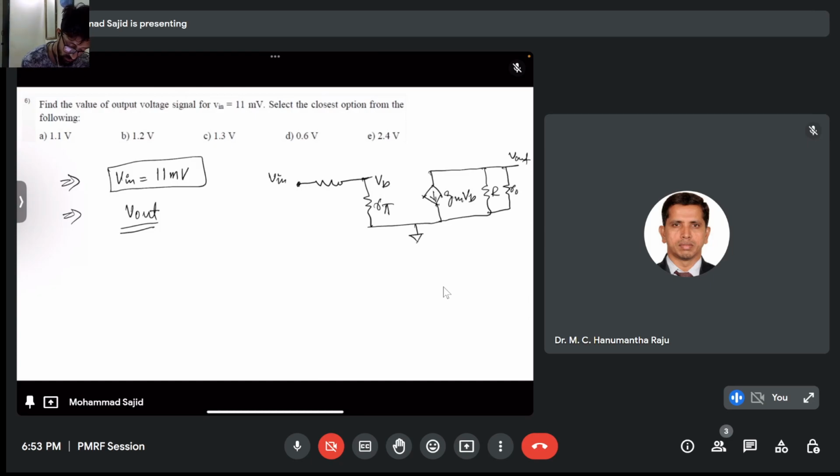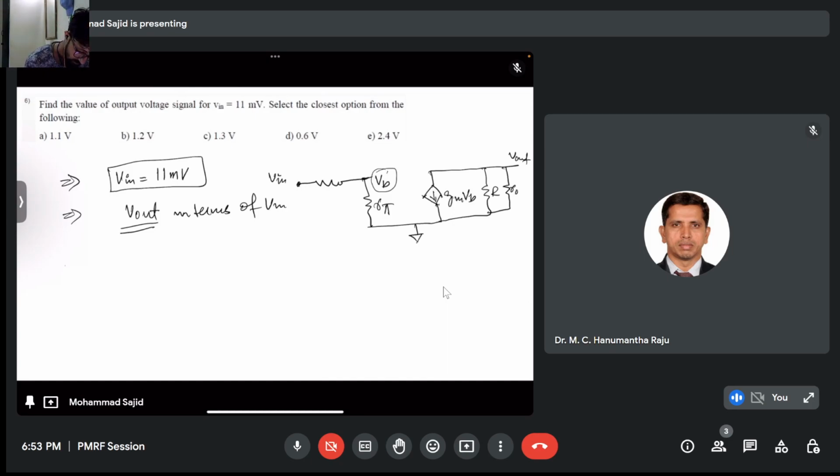In this question, you have to find V output in terms of V in. In the previous question, we had to find V output in terms of VB, right?